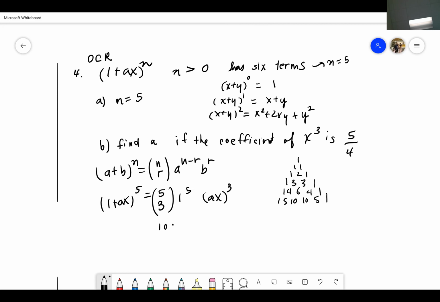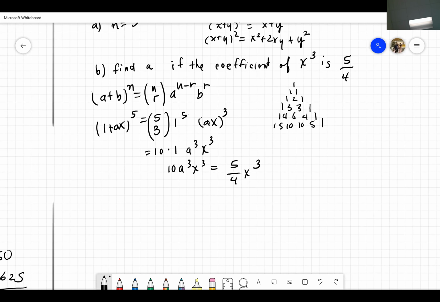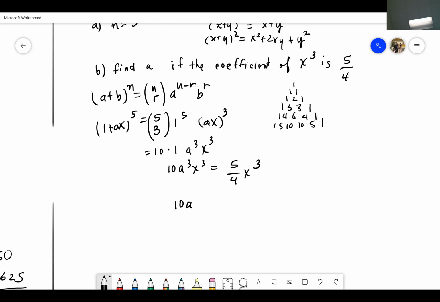It's 10 times 1, a to the third, x to the third. So basically this comes out to 10a to the third, x to the third must equal 5/4 x to the third. So we're going to cancel x to the third. So we have 10a to the third equals 5/4.